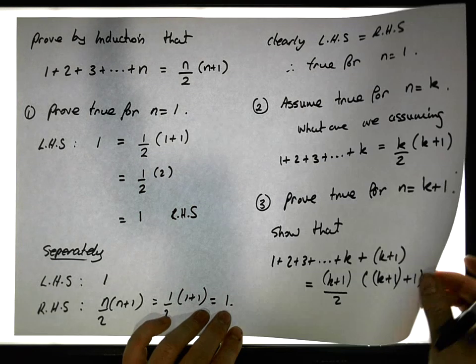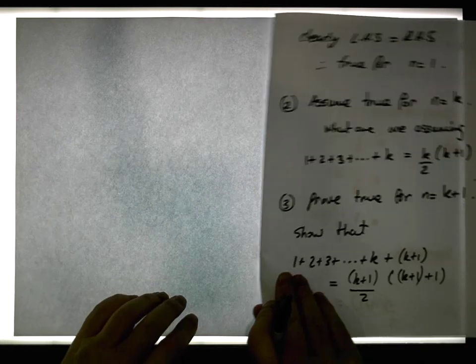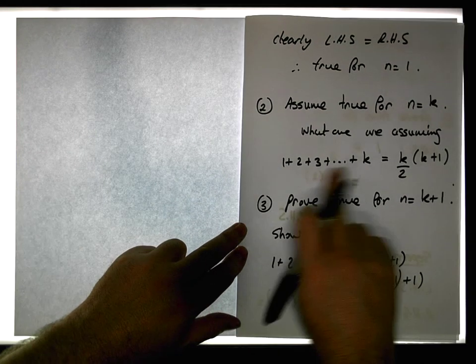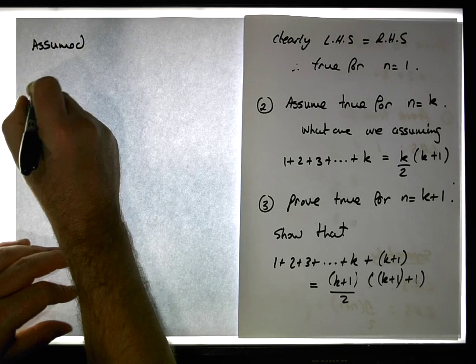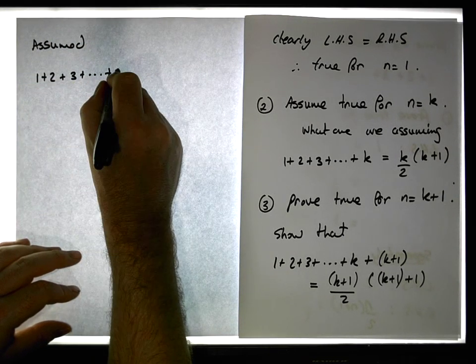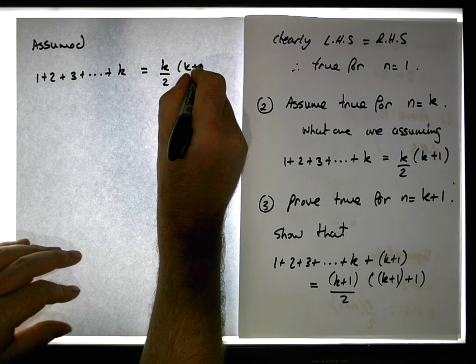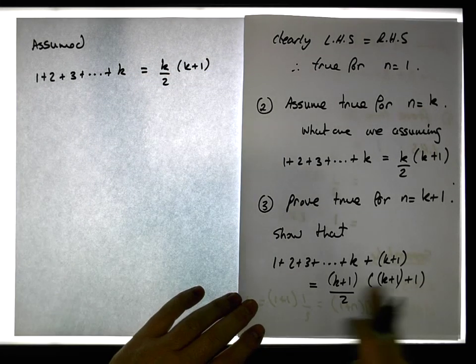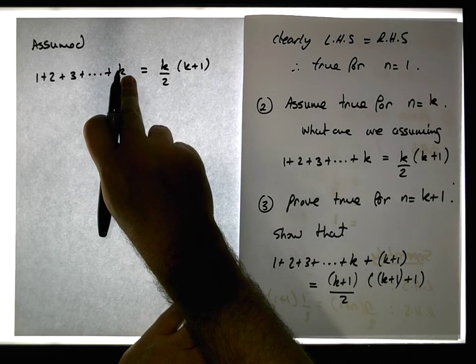So let's try that. We're going to go back to our assumption. We've assumed that 1 plus 2 plus 3 all the way through to k is equal to k over 2 times k plus 1. We want to prove this true, so let's add k plus 1 onto both sides.